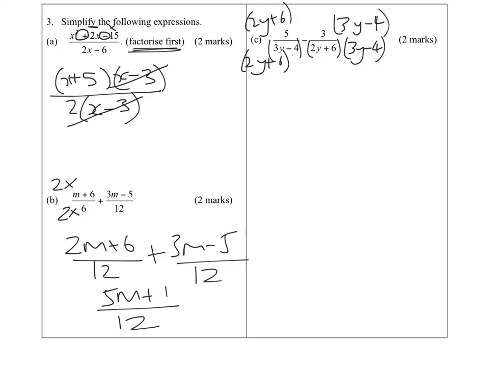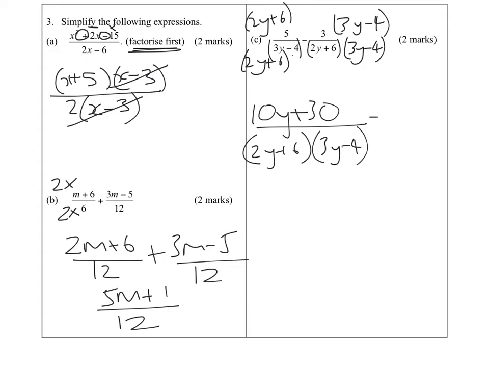So we end up getting, expand the top, we get 10y plus 30 over (2y plus 6)(3y minus 4), take away 9y minus 12, all over (2y plus 6)(3y minus 4).